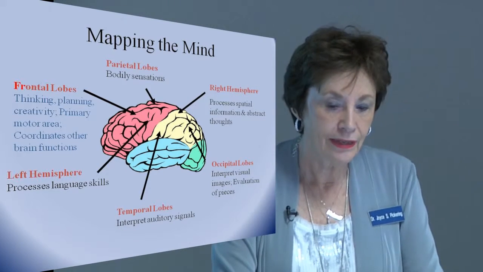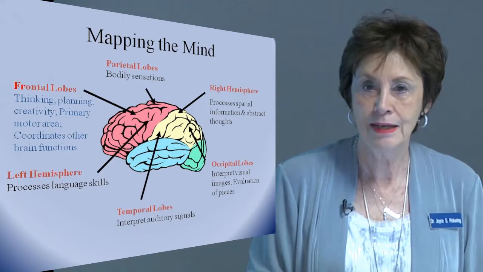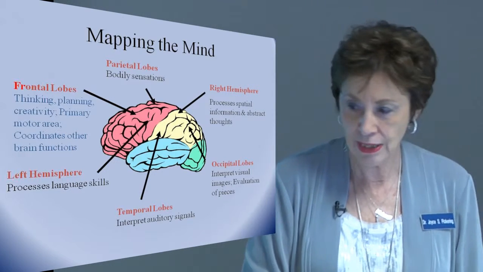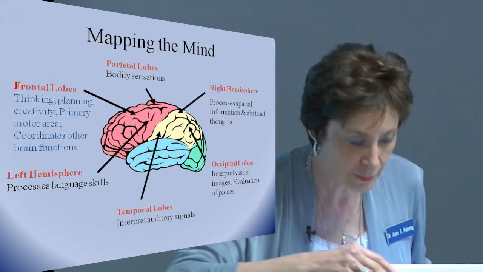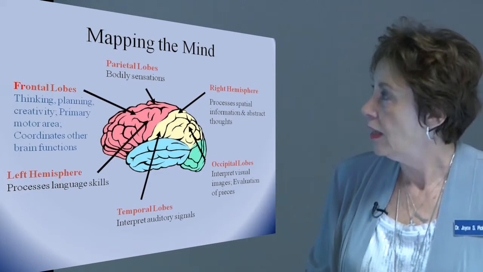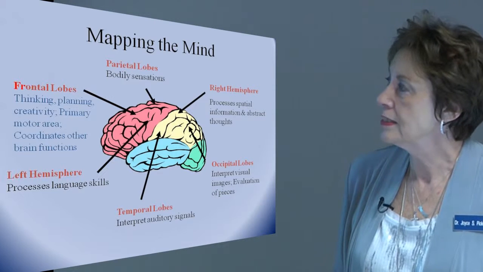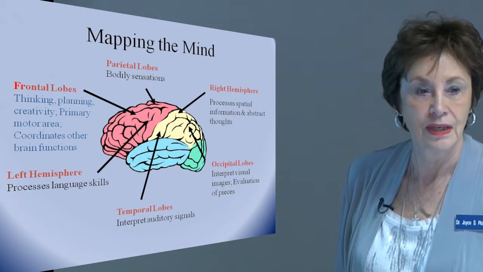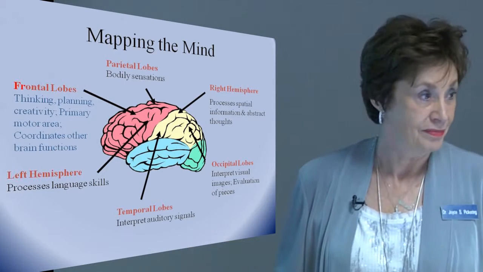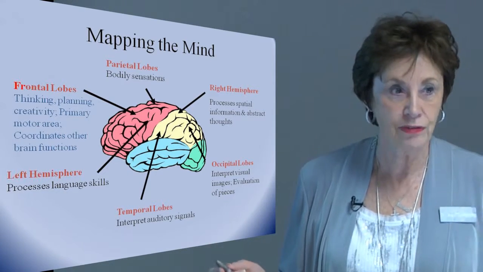So looking at the brain, we have the left and the right hemisphere. I think everybody knows that well. And the left hemisphere processes language skills. Now, I'm oversimplifying. The left and the right hemisphere work together.